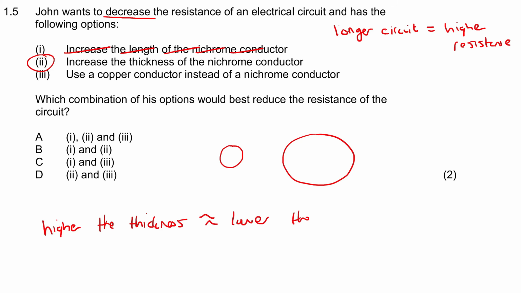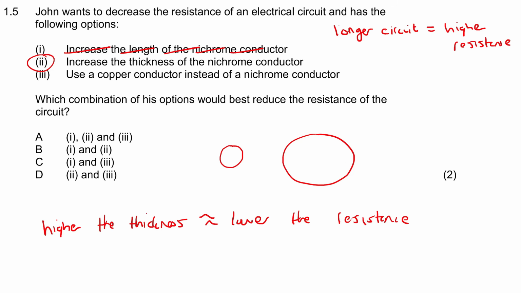And if you make it very narrow like this, there's less area for the electrons to flow in and out of the page, and so you make the resistance higher. So if John wants to decrease the resistance, should he increase the thickness? Yes, because when you increase the thickness, you have more area, and it's just easier for the electrons to flow.